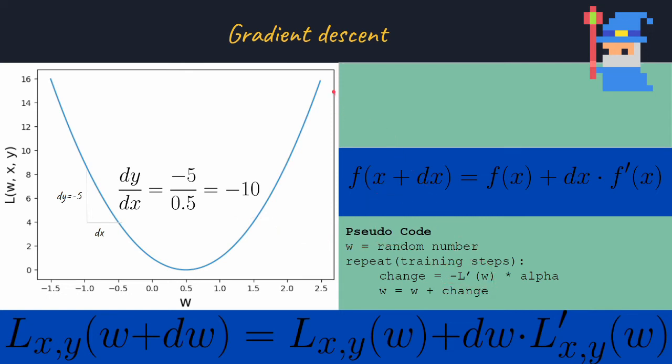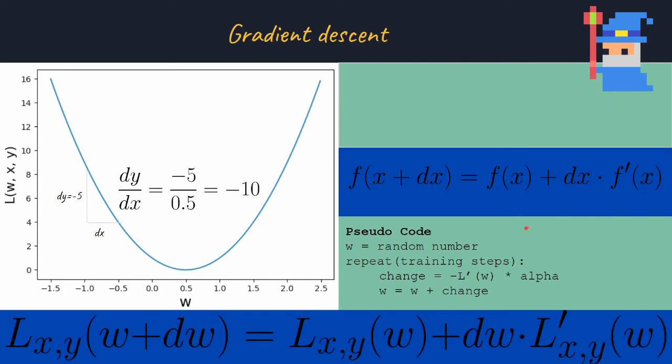This will work, but it might make too small changes or too big changes, mostly too big changes actually. If you were to just apply it without the alpha, it would be right here, and it would say that's quite a steep slope, so I'm going to go right up here. That's a problem, because from here it will probably go up there, and it will just continue bouncing around and orbiting, which we don't want.